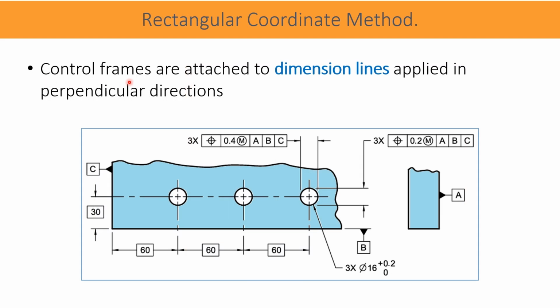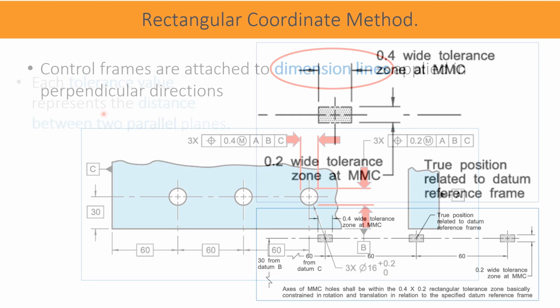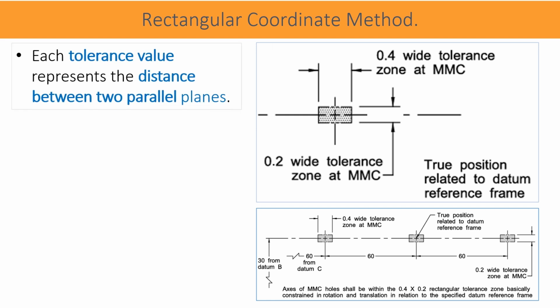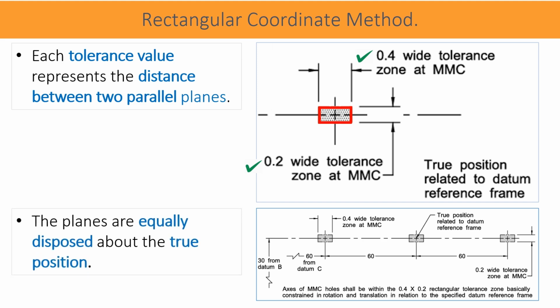Control frames are attached to dimension lines applied in perpendicular directions. Each tolerance value, 0.4 and 0.2 in this case, represents the distance between two parallel planes, and the planes are equally disposed, meaning equally located from the true position.